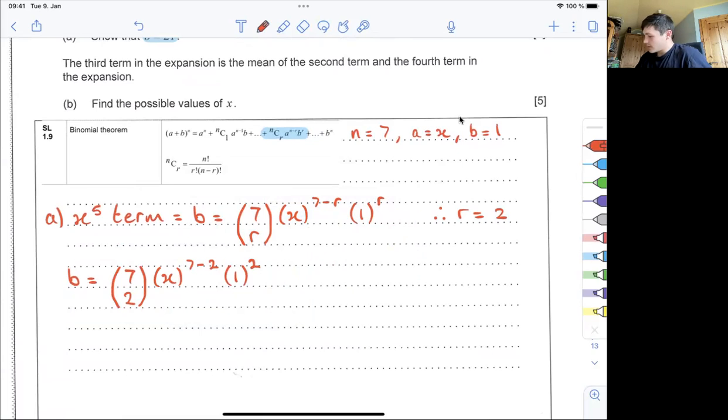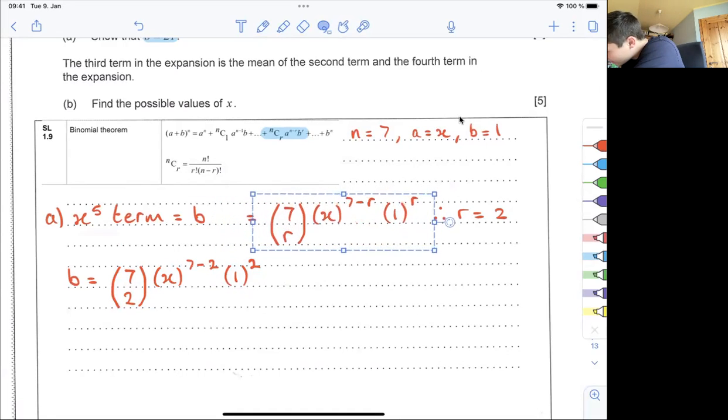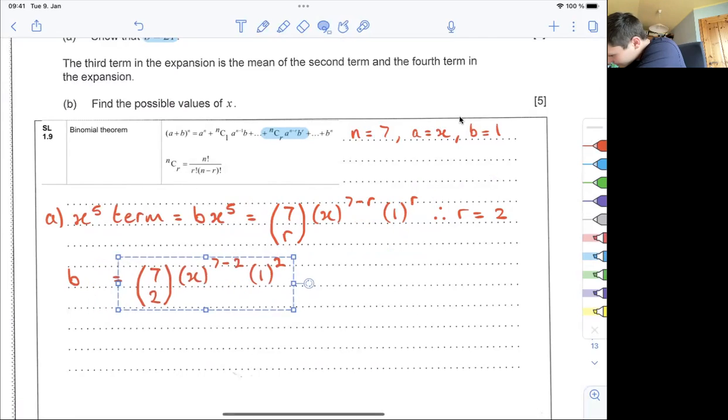We know that 1 to the power of anything is just going to stay as 1. We know that this has now become x to the power of 5, so that's happy. So we can conclude that b is going to equal 7C2. To be technically correct here, let's put in bx to the power of 5 and include that down here as well.